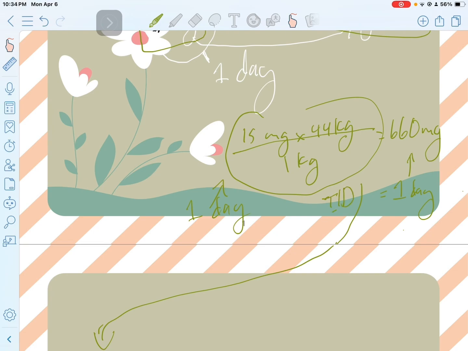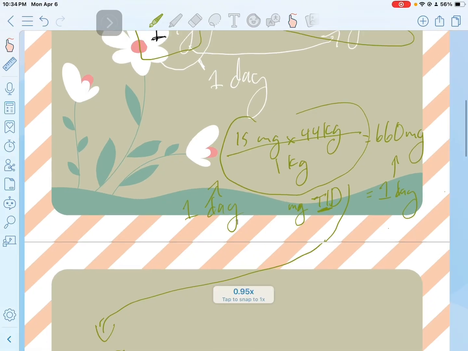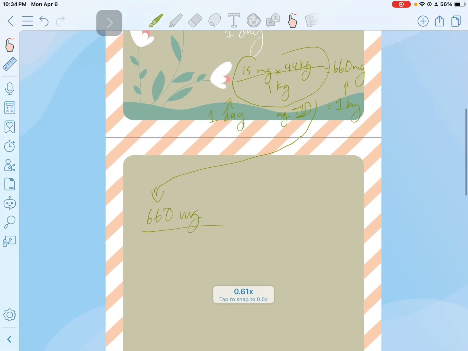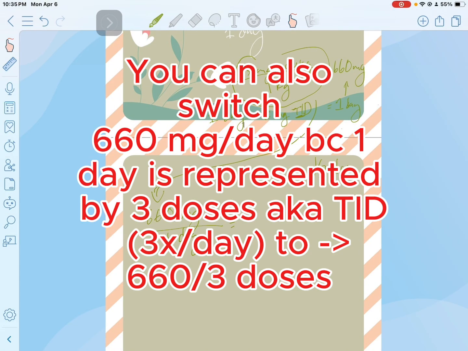TID. So that's like 3 times in a day dose. That's the milligrams 3 times in a day. So you could just say 660 milligrams is for 3 times, or you could just say for 1 whole day. And then we have to equal that to, so if 1 day consists of an amount of milligrams 3 times a day, doesn't that mean that what we want is going to be 1/3 of like the amount in the day?